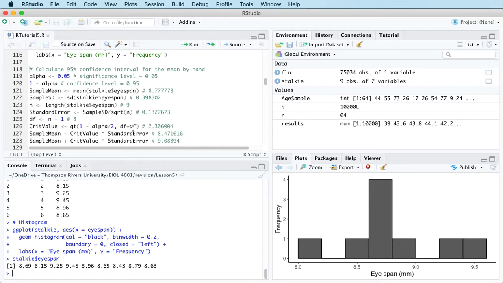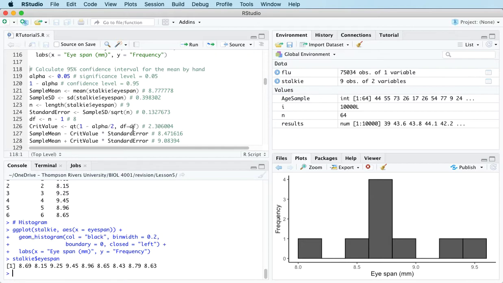And when we have to use our sample standard deviation as an estimate of the population standard deviation, it turns out we don't have a normal distribution anymore for that sampling distribution of the mean. Instead, we have something called a t-distribution.